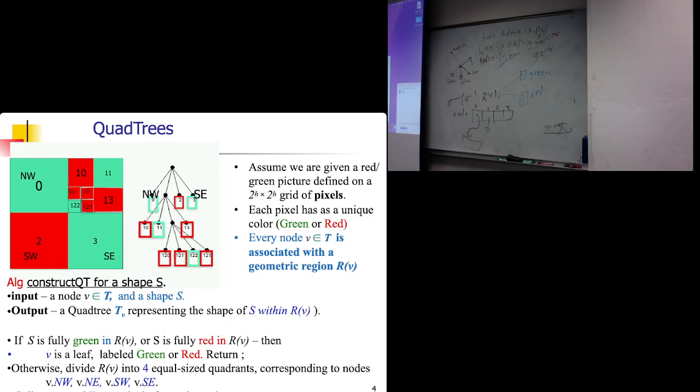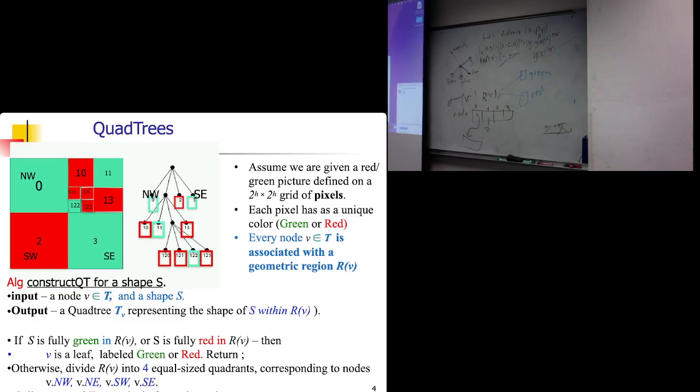Otherwise, divide R of V into 4 equal size regions, like for S by itself. We split it into these 4 quadrants, and V itself now will be the happy parent of 4 children. And what are these children? How do I build them? I build them recursively.